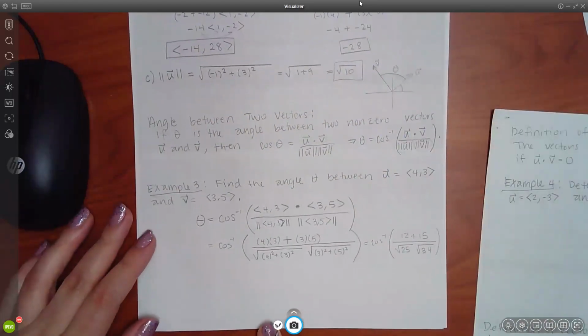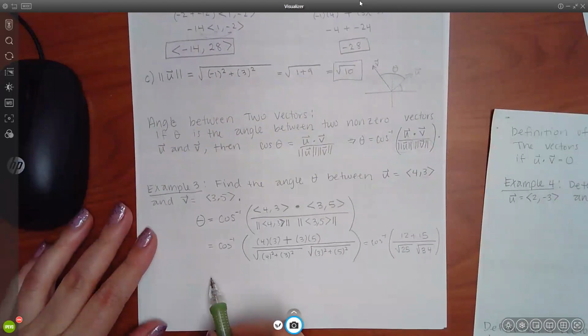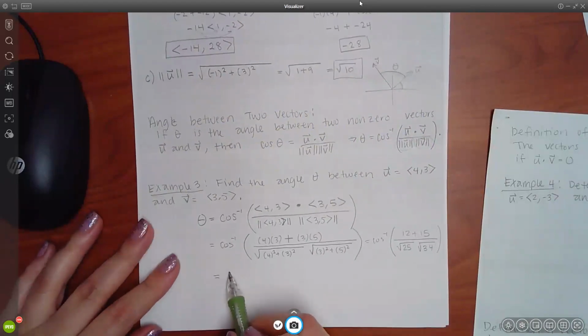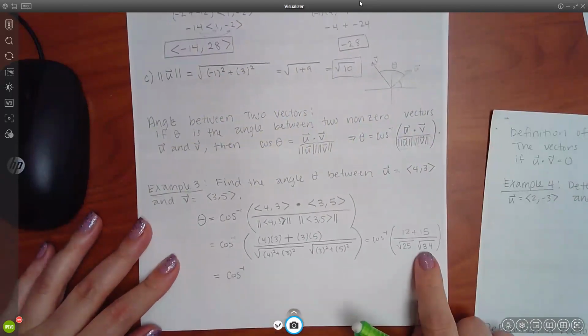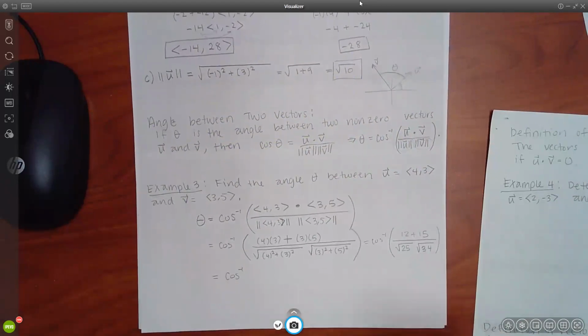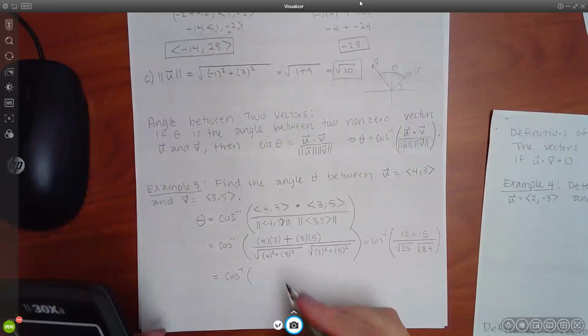Okay, not too bad. Now, this is obviously not a nice number, so I'm not gonna bother trying to work any more in there. Let's see, 12 plus 15.